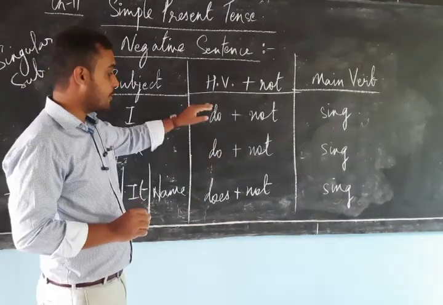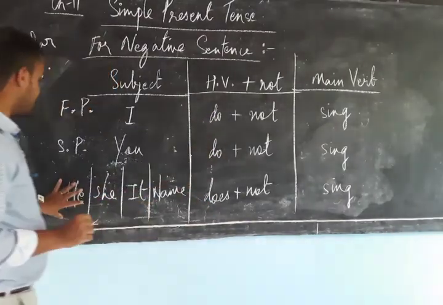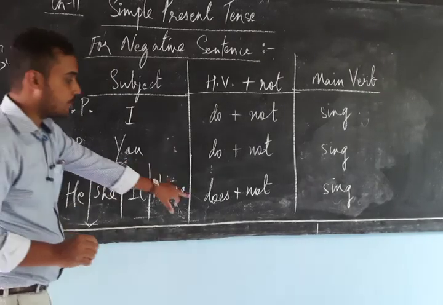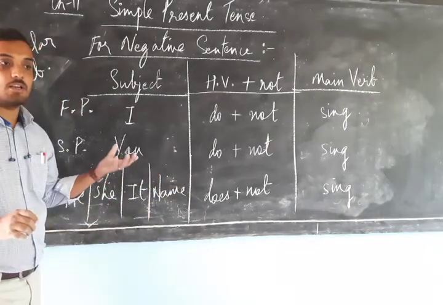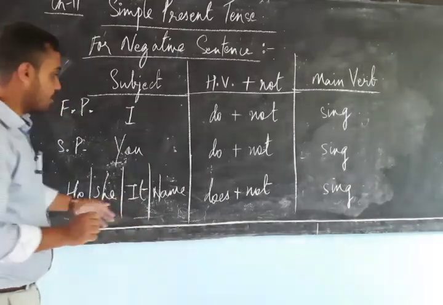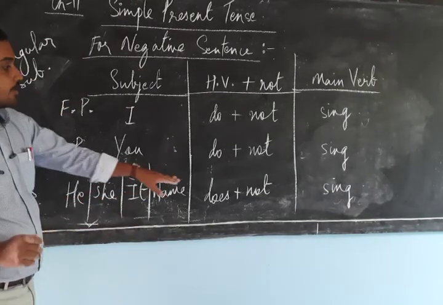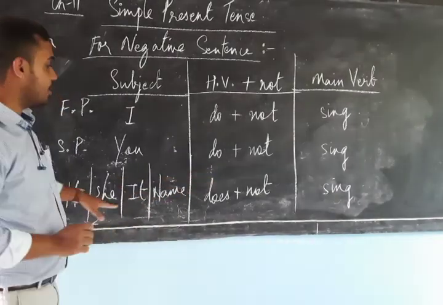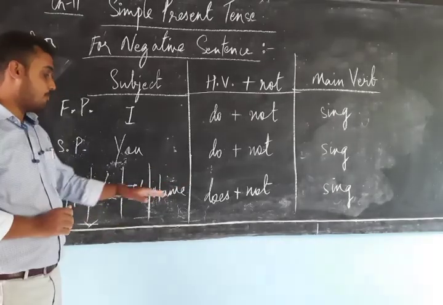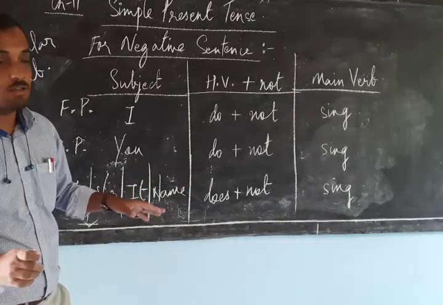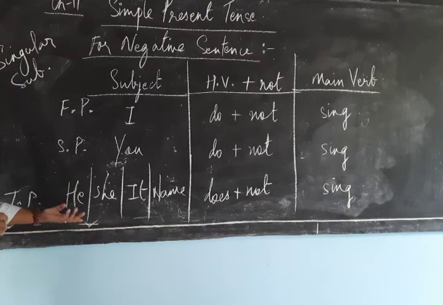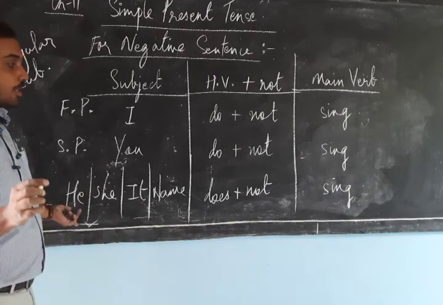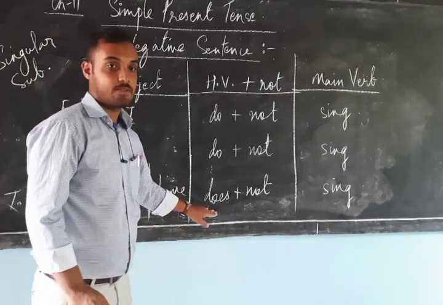We will not use do in the third person. He does not sing. She does not sing. Molly does not sing.